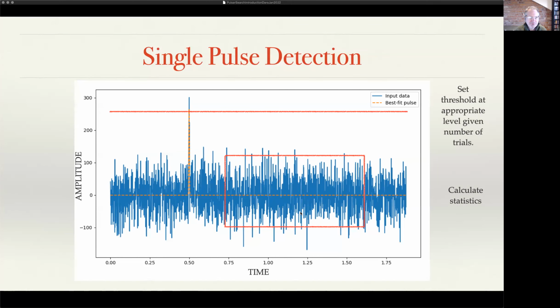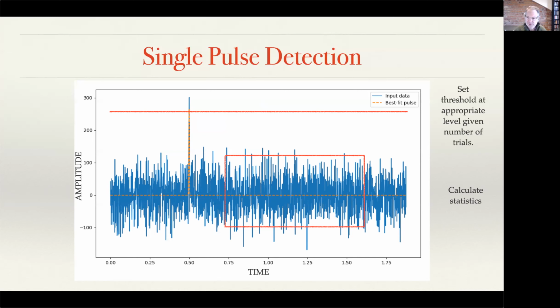We can make a reasonable assumption that these data are distributed in a Gaussian way, but we need to consider how many trials we're doing. And so sometimes, for example, in the searches that we do with MeerKAT, we set this threshold at 8 sigma, so 8 times the standard deviation of the noise is our limiting threshold. So in the computer, we take our entire de-dispersed time series that we generated for each of the dispersion measures.